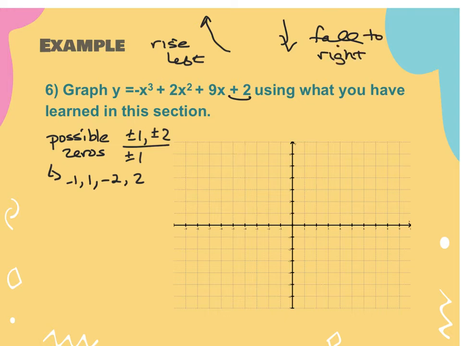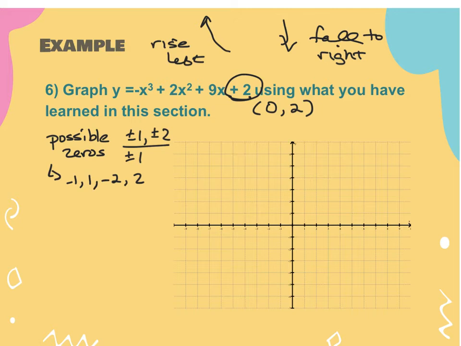So this is my end behavior of my graph. I can also, right away from my equation here, find my y-intercept by plugging in x equals 0. So my y-intercept is this constant right here. It's the ordered pair (0, 2).